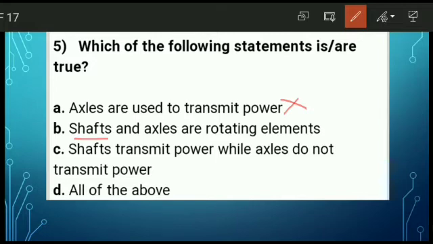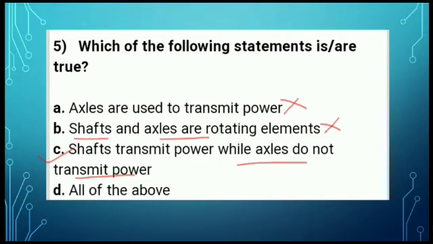Shaft is a rotating element, but axles are not a rotating element. So this is also a wrong statement. Option C, shaft transmits power while axle doesn't transmit power. So option C is the right answer. Shaft transmits power, we all know, but axles do not transmit the power.